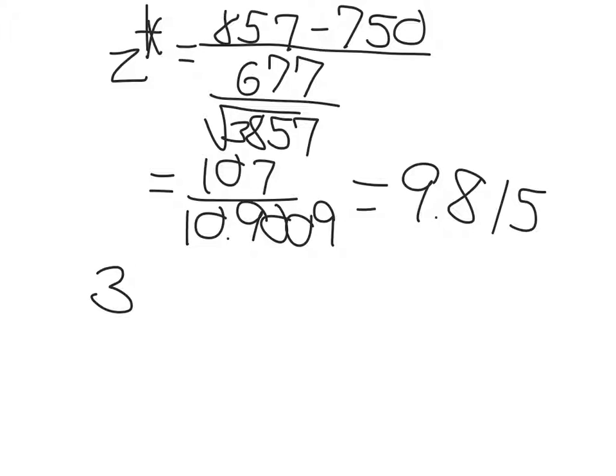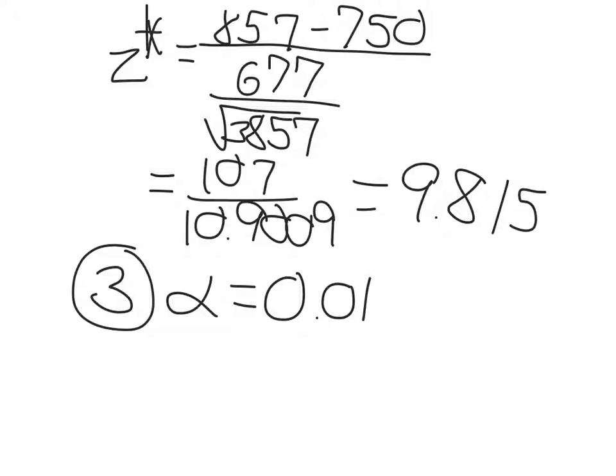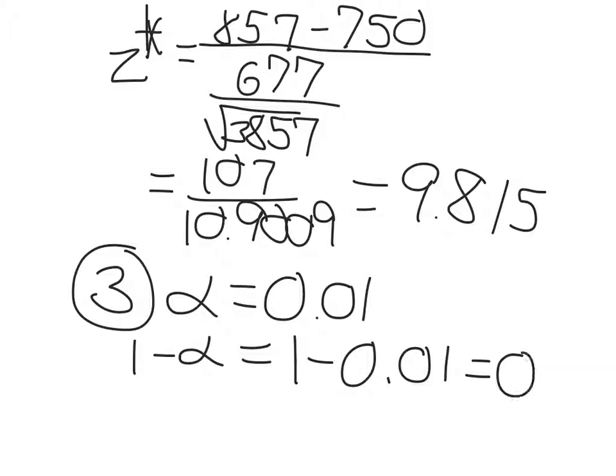Then in step 3, this is our greater than. So we know our alpha is 0.01. And we really want 1 minus alpha. So that's going to be 1 minus 0.01 or 0.99. And we're going to look in the middle where the probabilities live for the closest hit to 0.99.